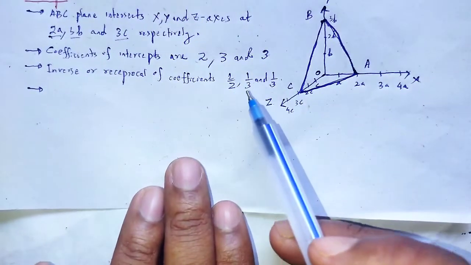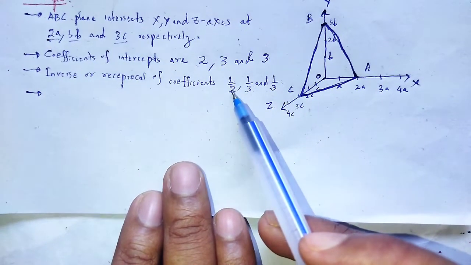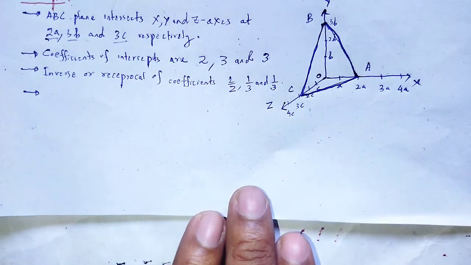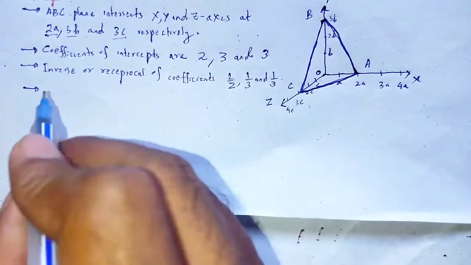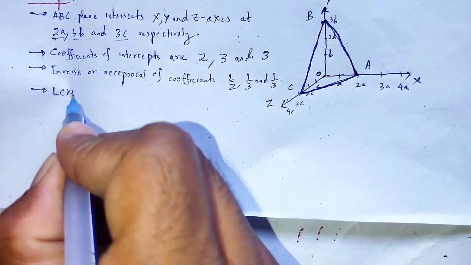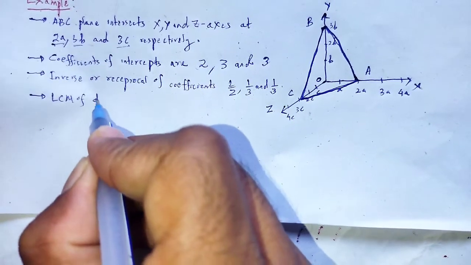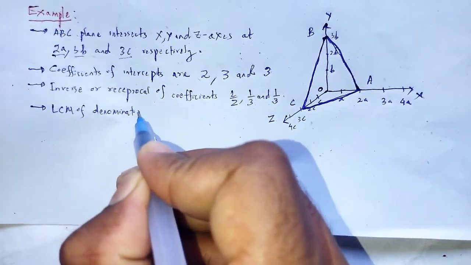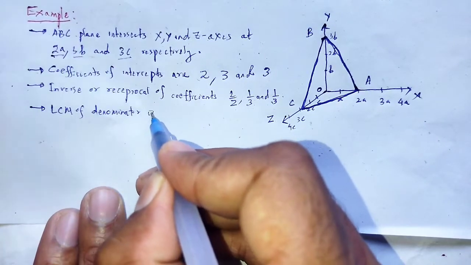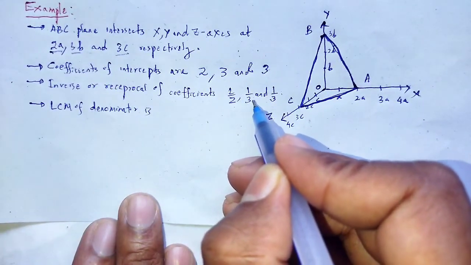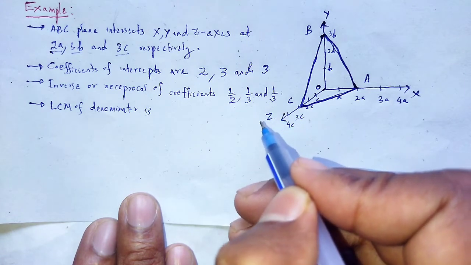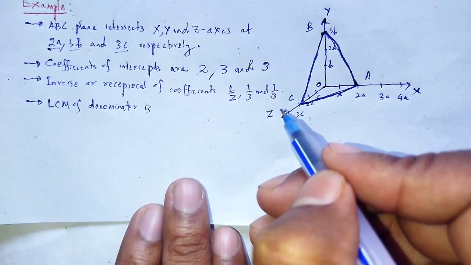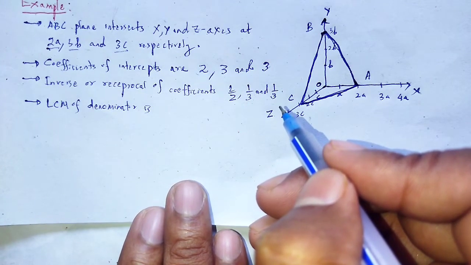In the case of 1/2, 1/3, 1/3, we have to take the LCM of the denominators. Here the LCM of the denominators 2, 3, 3 is 6.